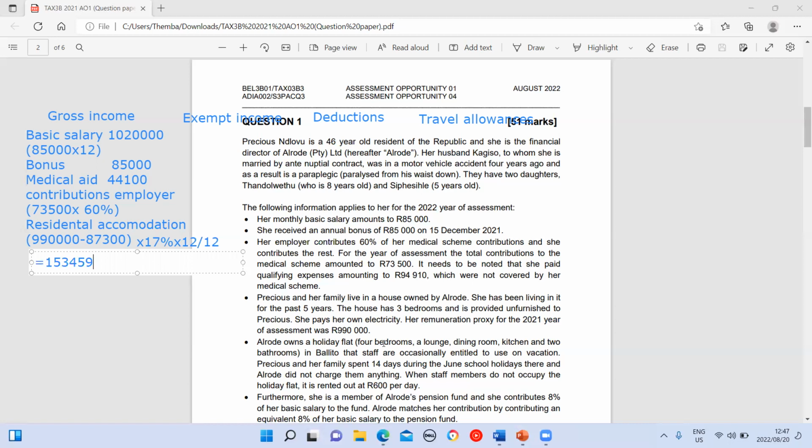So it's where you are staying most of the time in the year, or where you permanently stay. A holiday flat is not a permanent stay, it's just for holidays. So you'll apply what I said in the slides. So what do you do? What you do is you'll have your holiday flat.